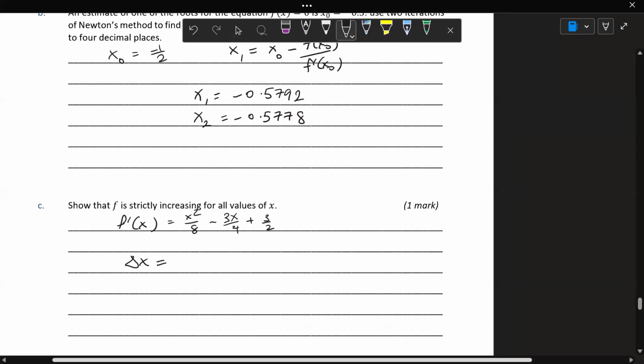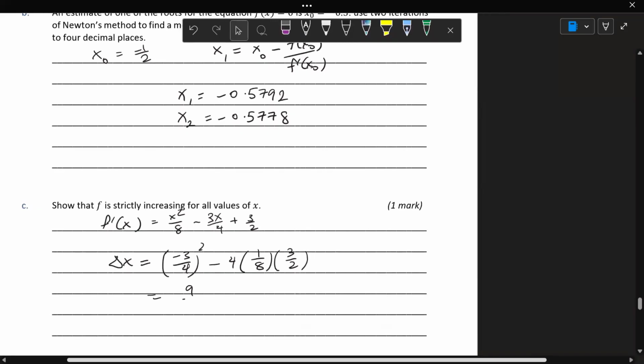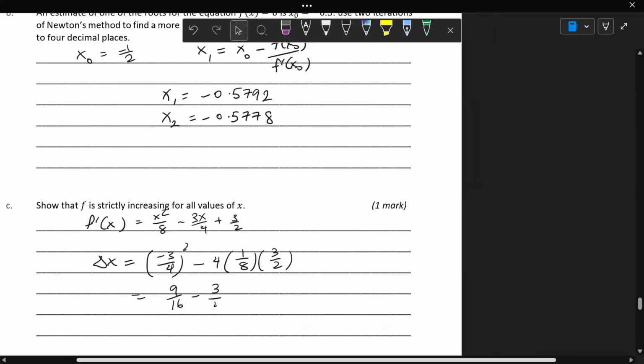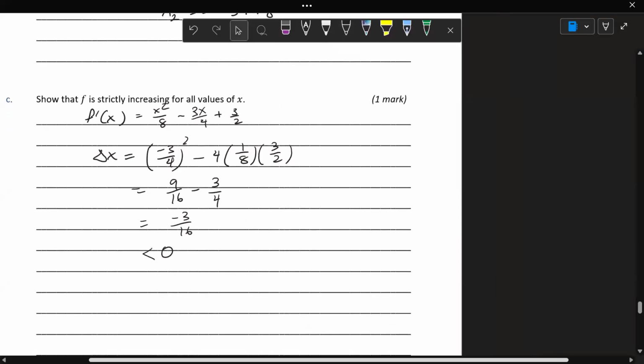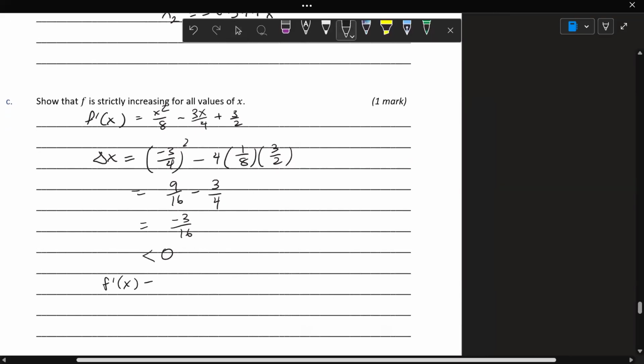Delta is equal to (-3/4) squared minus 4 times 1/8 times 3/2, which is 9/16 minus 3/4, which equals -3/16, which is less than 0. That means f dash x equals 0 doesn't have any solutions.